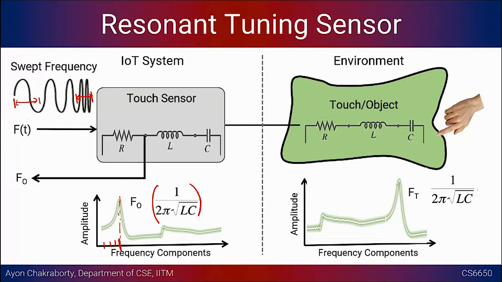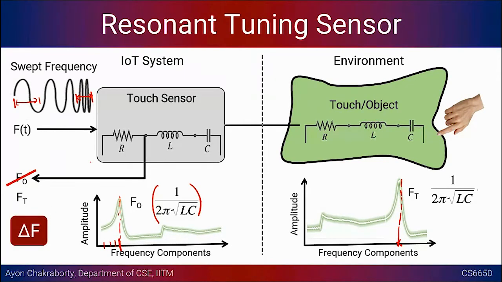So maybe this value is going to be shifted here, and this is the FT, or the resonant frequency after touching the system. So now instead of F0, we are going to have FT, and we are mostly interested in this delta F.